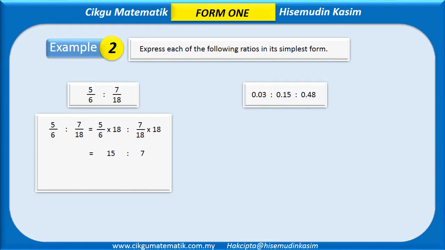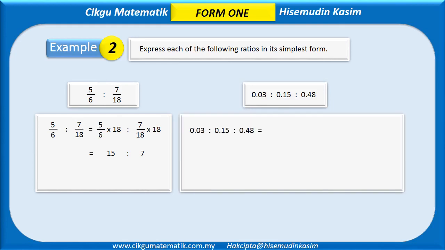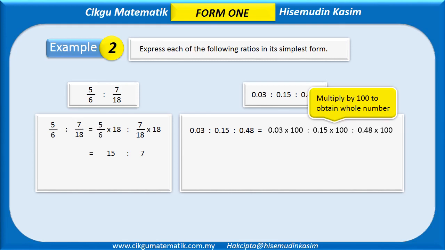The ratio of 0.03 to 0.15 to 0.48 equals 0.03 times 100 to 0.15 times 100 to 0.48 times 100.